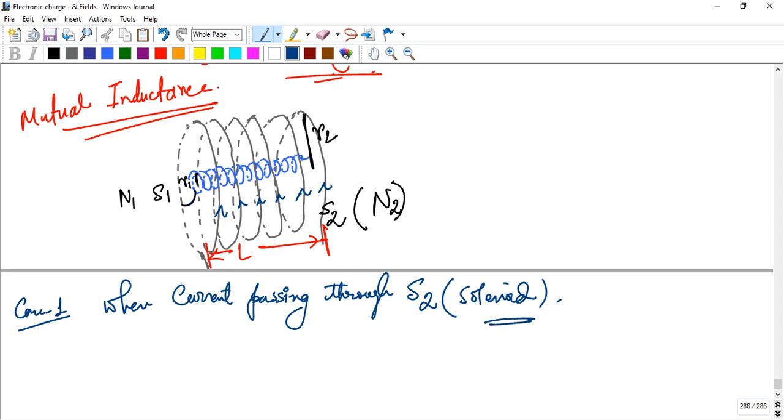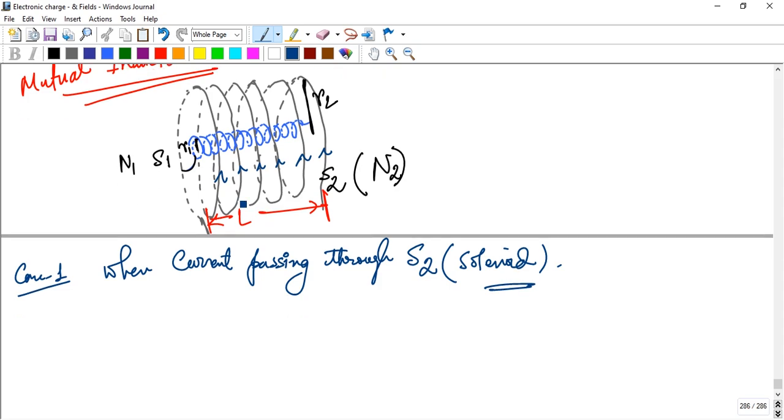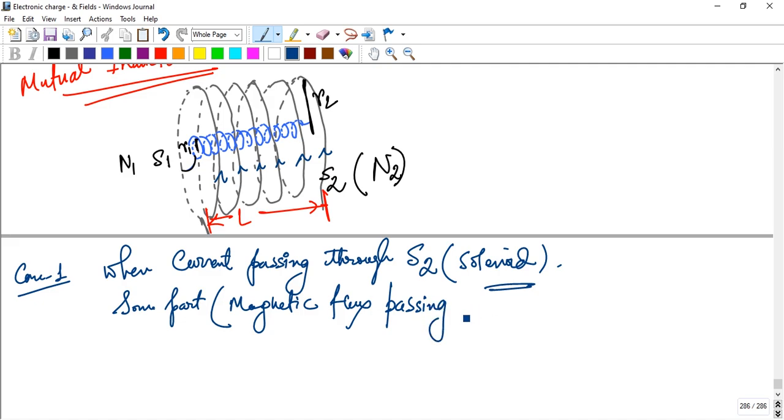Then some part of the magnetic flux passes through the S1 solenoid. Obviously some part is passing through S1, so there is a flux linkage in S1.